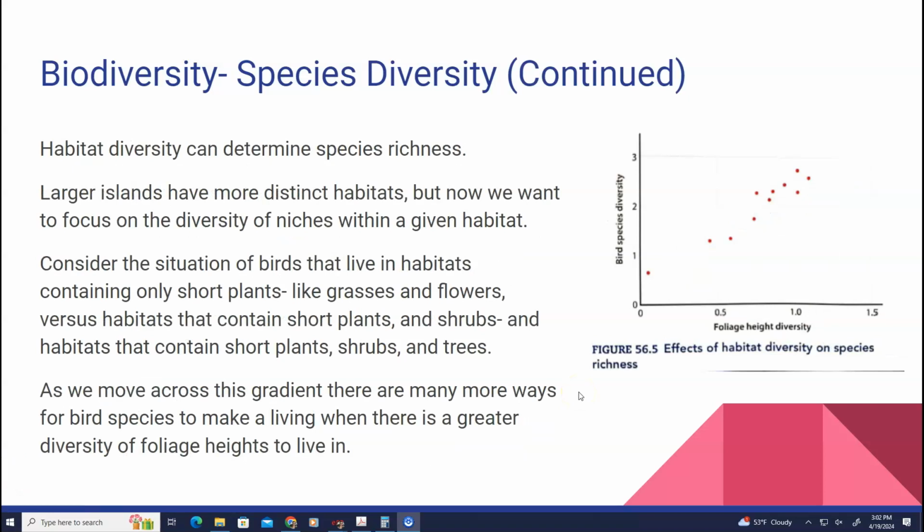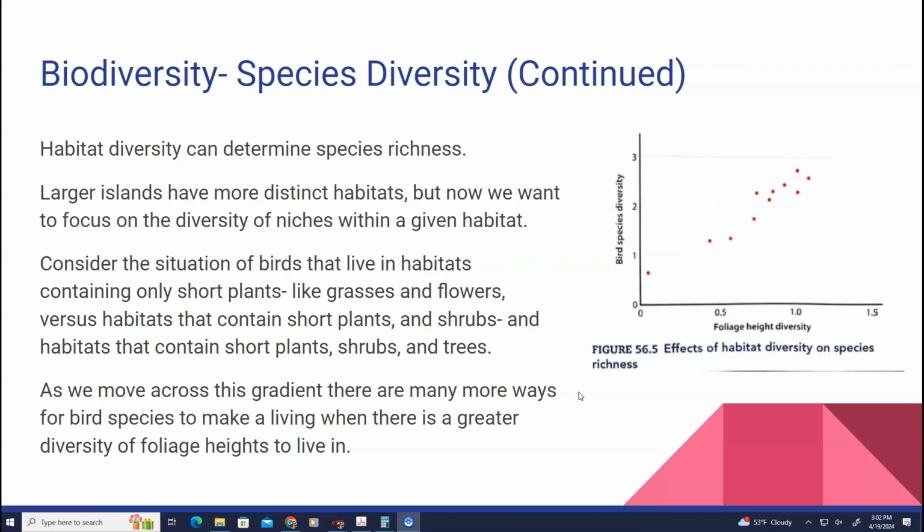Habitat diversity, for example, can definitely determine species richness. So think of a large island. Larger islands have more distinct habitats, but now we want to focus on the diversity of niches within a given habitat. Think about birds that live in habitats containing only short plants, like grasses and flowers, versus habitats that contain short plants and shrubs, and then habitats that contain short plants, shrubs, and trees.